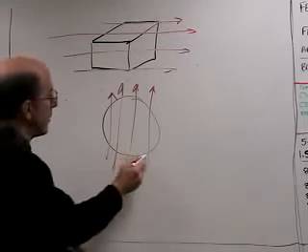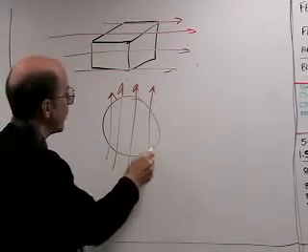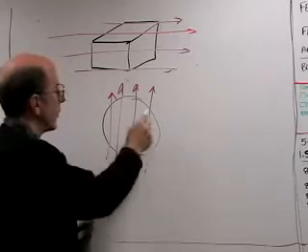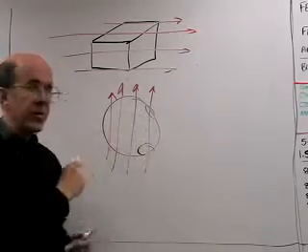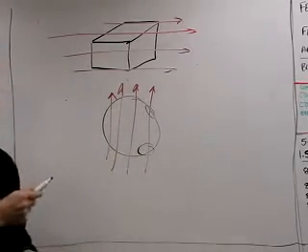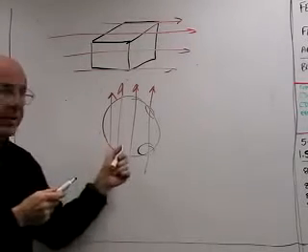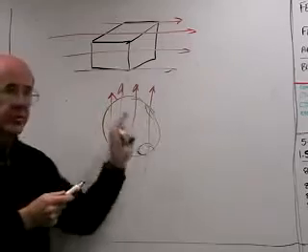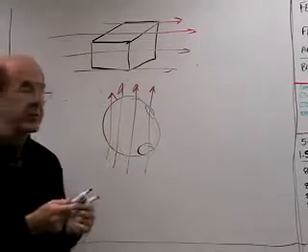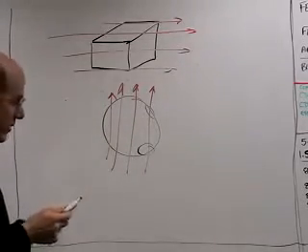You can see at some parts of the sphere the flux is going into the sphere, and in some parts the flux is going out of the sphere. What we're going to find out in a minute is that the total flux depends upon the amount of electric charge that's actually located inside of the surface.